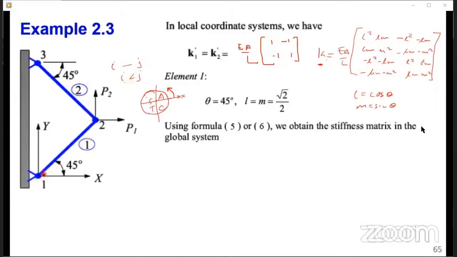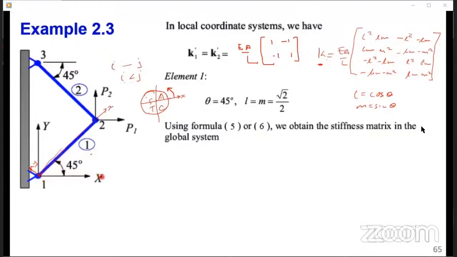Look at this. We have node 1, node 2, this is element 1. So we read from this node, this is the orientation of our member. And this is the x-axis for that member, and this is the y-axis for this element or member.